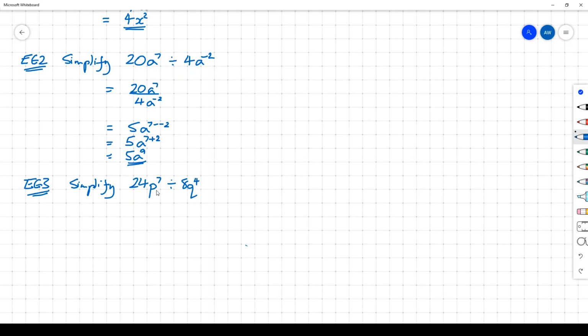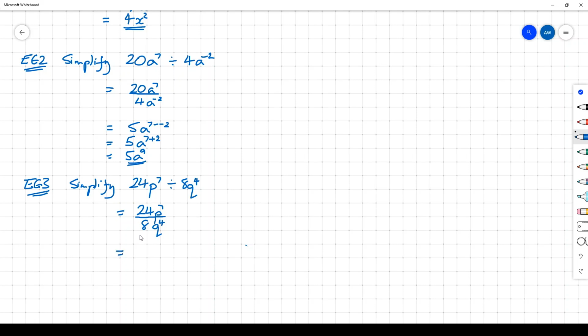So 24p to the power 7 divided by 8q to the power 4. So let's write it as a fraction first, so that we group our coefficients together and group our letters together with our indices.